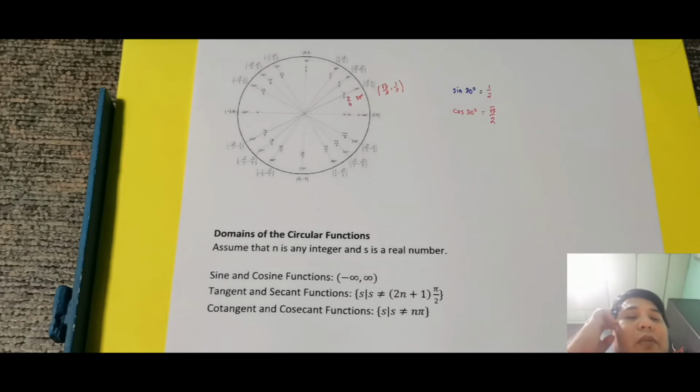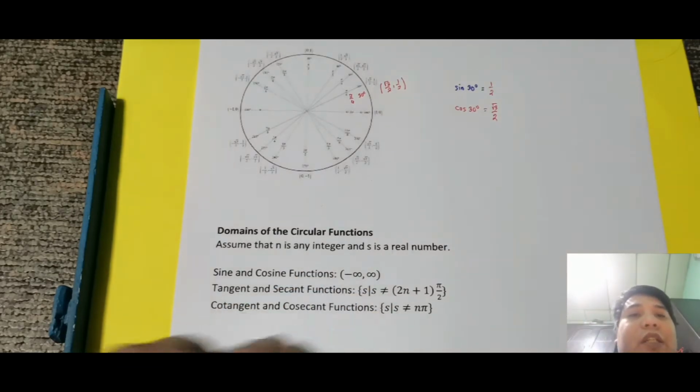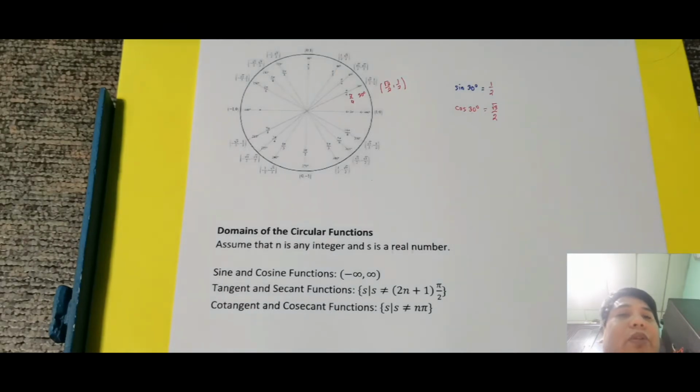Next are the tangent and secant functions. Their domain is s such that s is not equal to (2n plus 1) pi over 2.